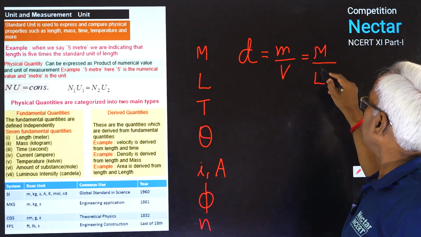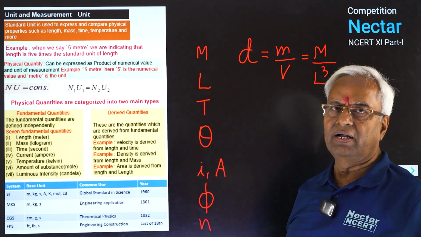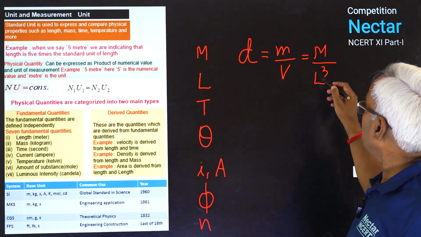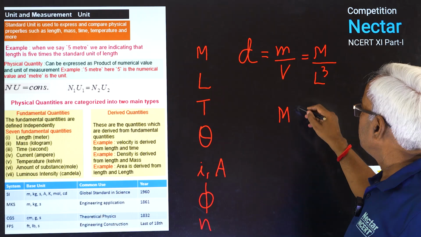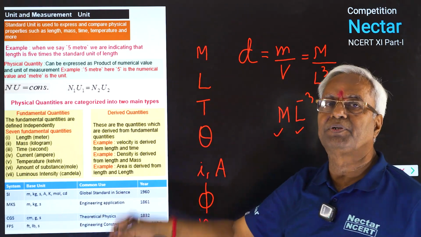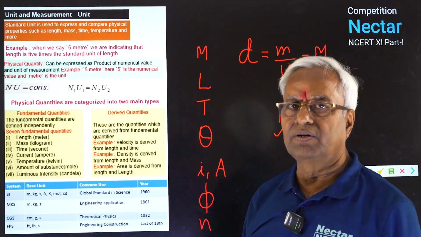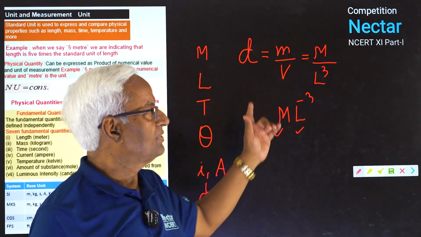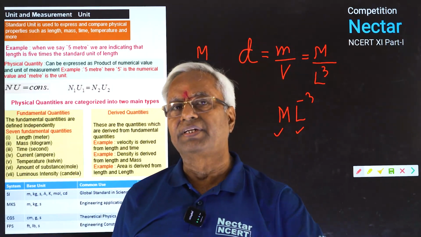Volume is length, width, height, the product of these three. And basically these are lengths only, so it will be L cube. You have written it in terms of mass and length. So it is a derived quantity. Density, velocity, momentum, force: any quantity other than these seven shall be termed as derived.